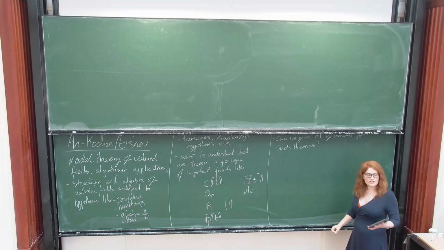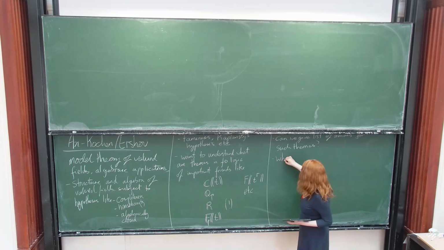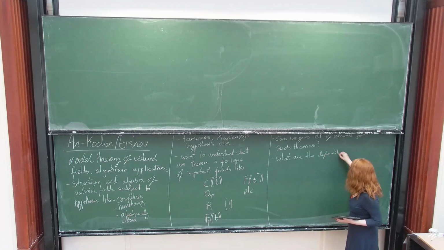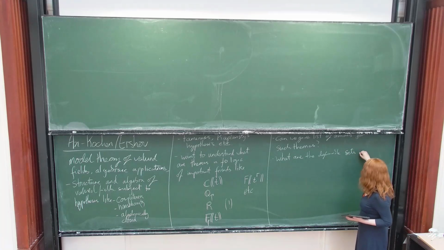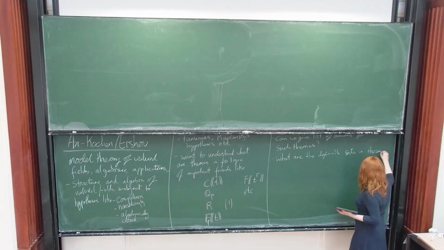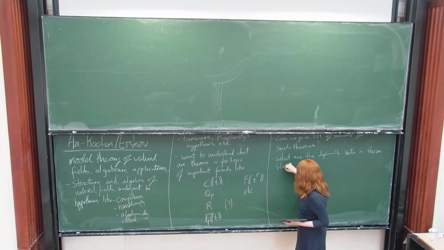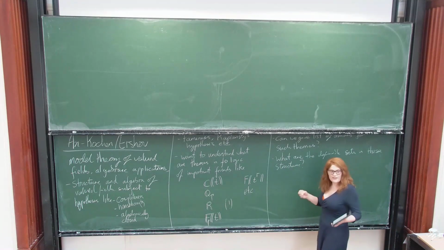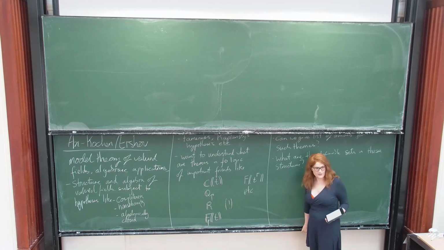But I also want to know, what are the definable sets in these structures, for example? I want to know, are there some algorithms that help us answer first order questions?